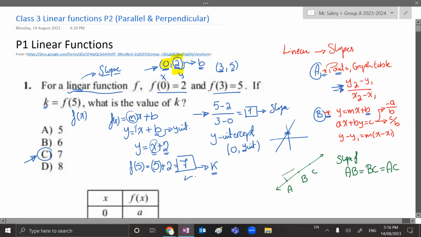If I picked any 2 points on the line, they must give me exactly the same slope. And I can use this idea in this question.